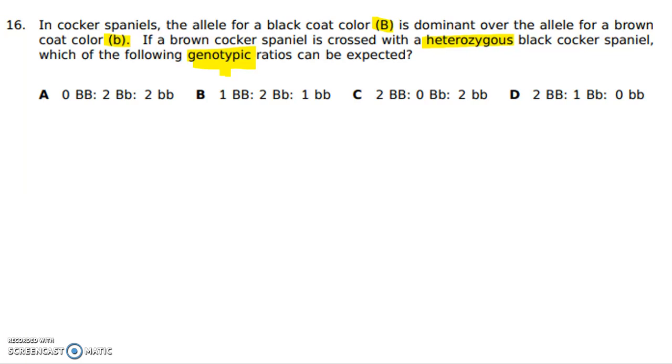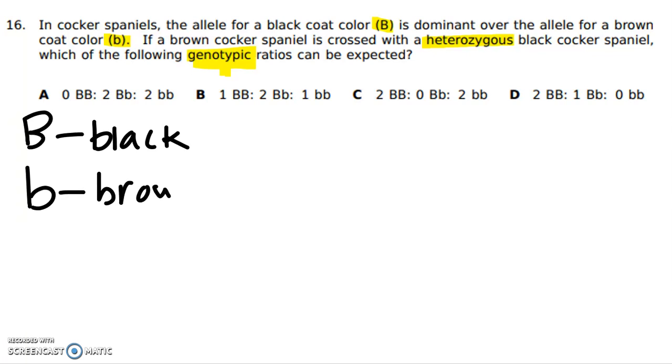Black is dominant, so the capital B is going to be dominant. This is going to be for black. And the lowercase recessive allele is going to be brown.